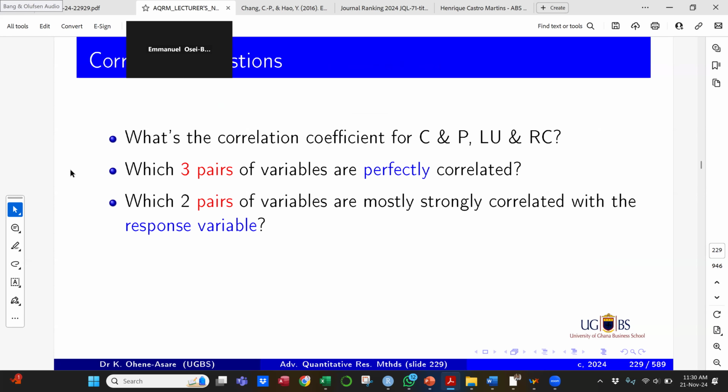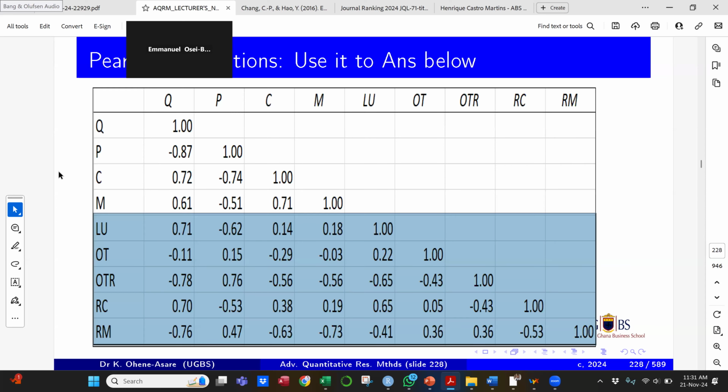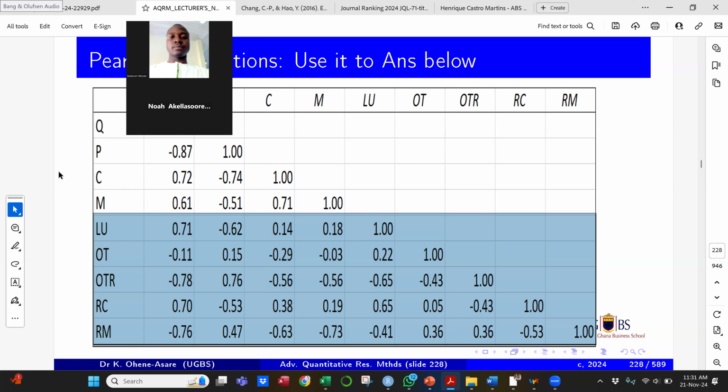Next question. Which two pairs of variables are strongly correlated with the response variable? By the way, who can tell me what the response variable is here? Samson. I think it's Q, the quantity demanded. It is Q. Which variable is highly correlated with it? First, the most one, Noah.